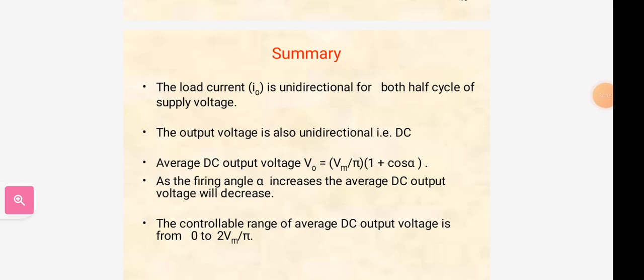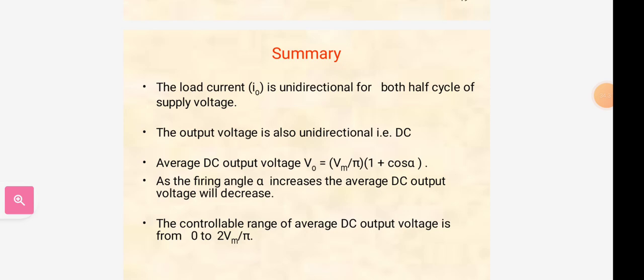Fully controlled converter means that both the half cycles are phase controlled. In this type of converter, the power flows in either direction. Hence, these are also called bidirectional converters.